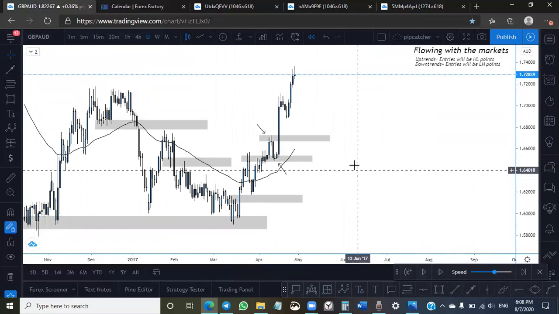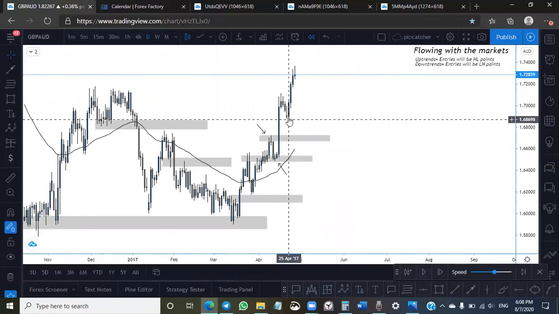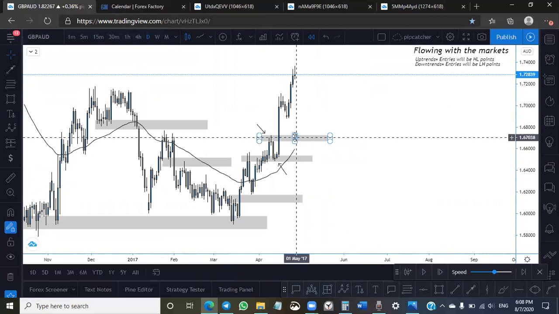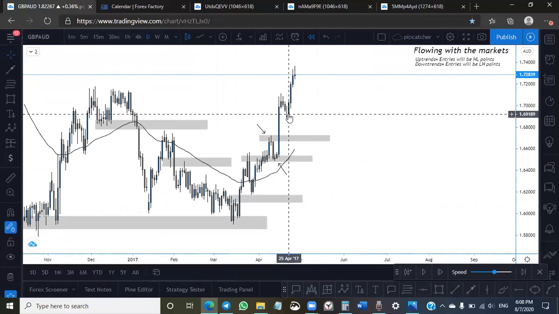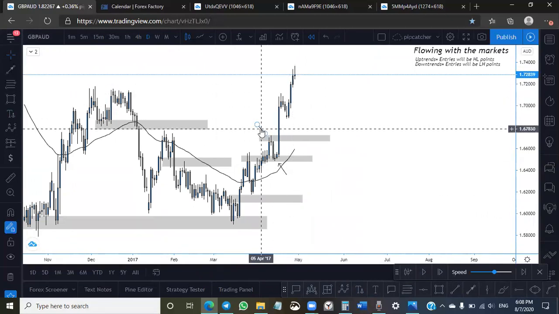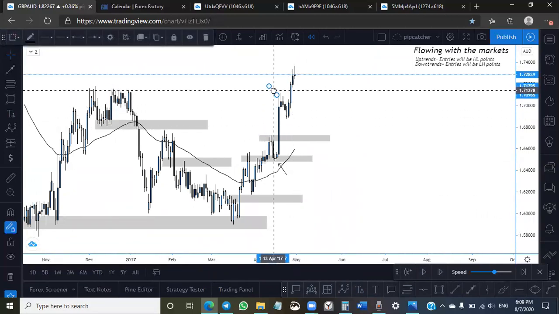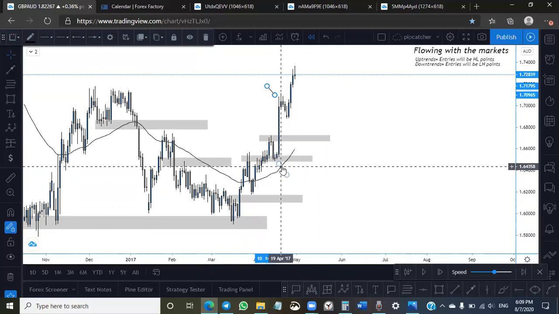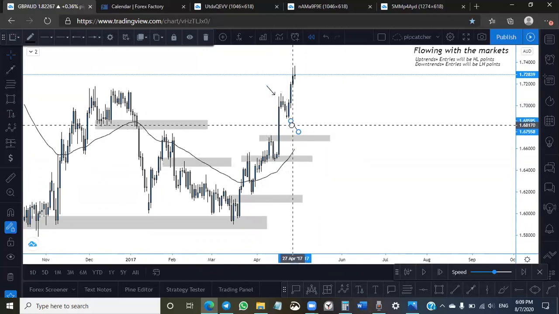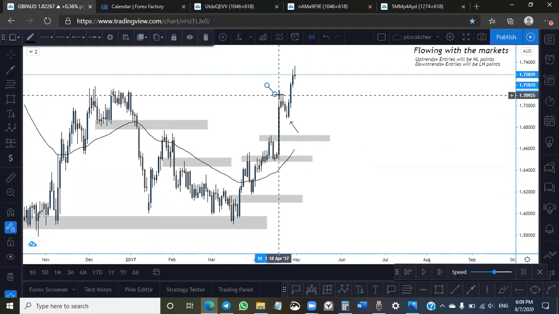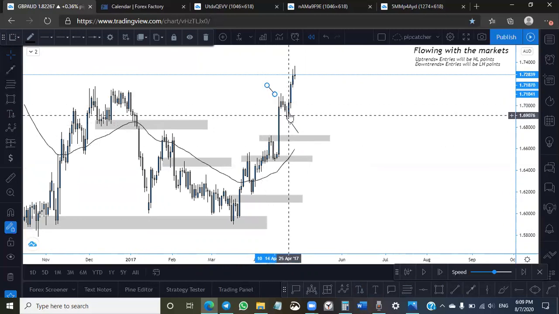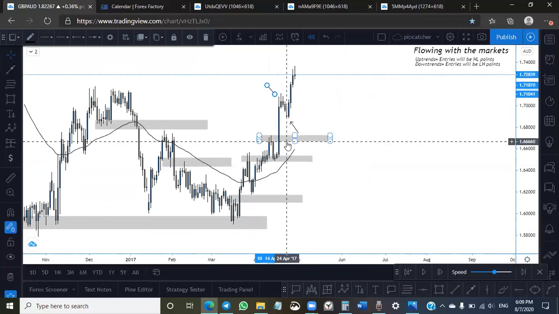Okay, guys, so check this out now. Look, the market did not get back down into this area before going up. So now here we have a new high, and this looking like a higher low, right? So a new higher high, higher low, and then we broke through structure.